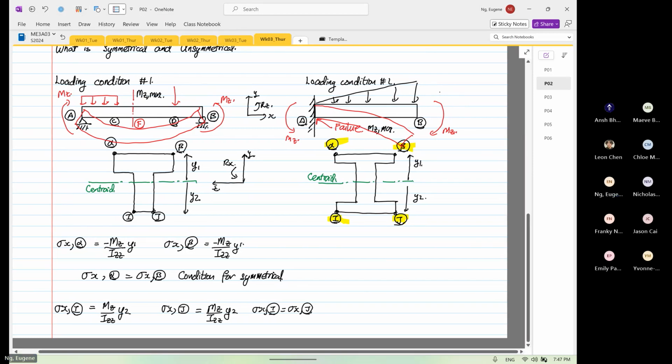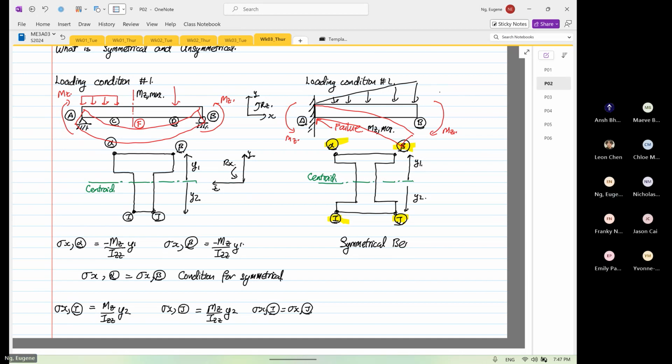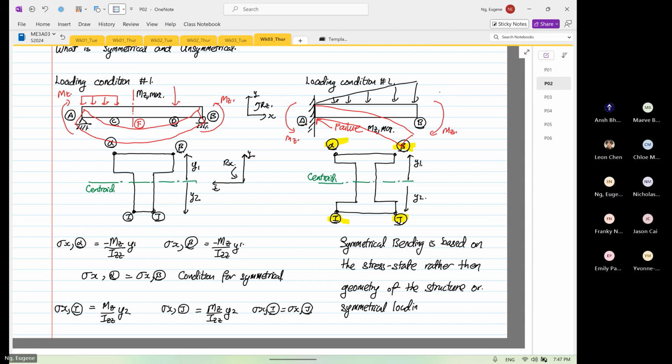So symmetrical bending is based on the stress state rather than the geometry of the structure or symmetrical loading of the structure.